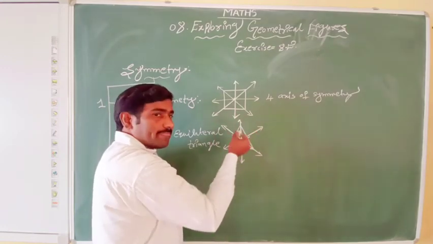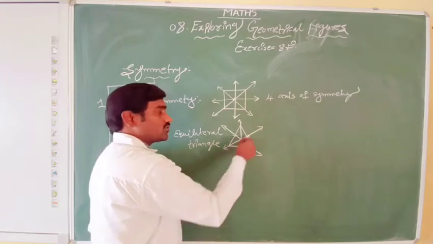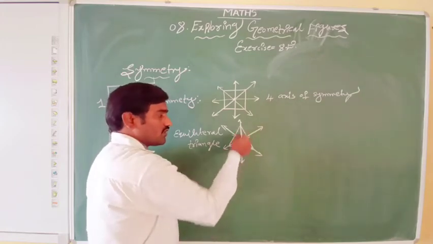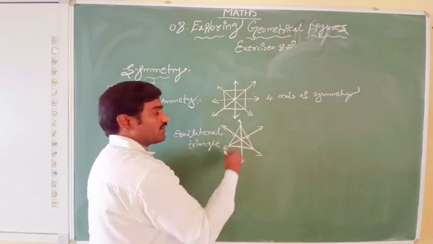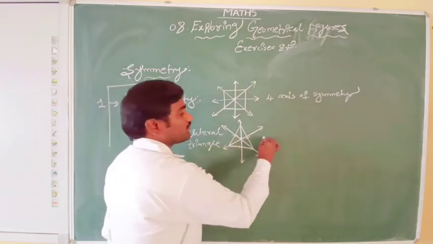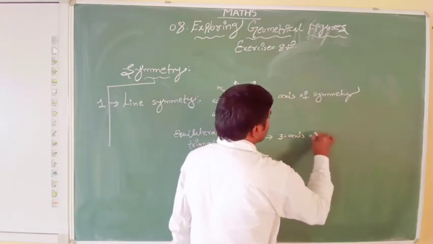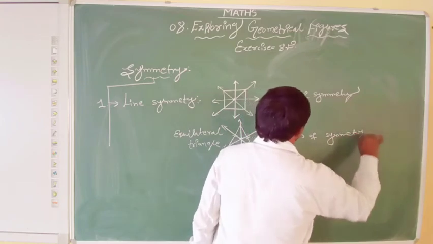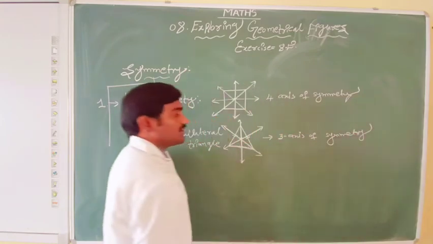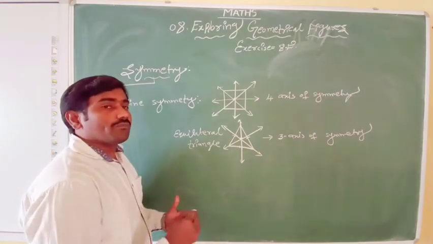In the case of a regular polygon, if you want to draw the axes of symmetry, you draw from vertex to opposite side. A straight line, if you draw, will divide it. See that a triangle has 3 axes of symmetry.